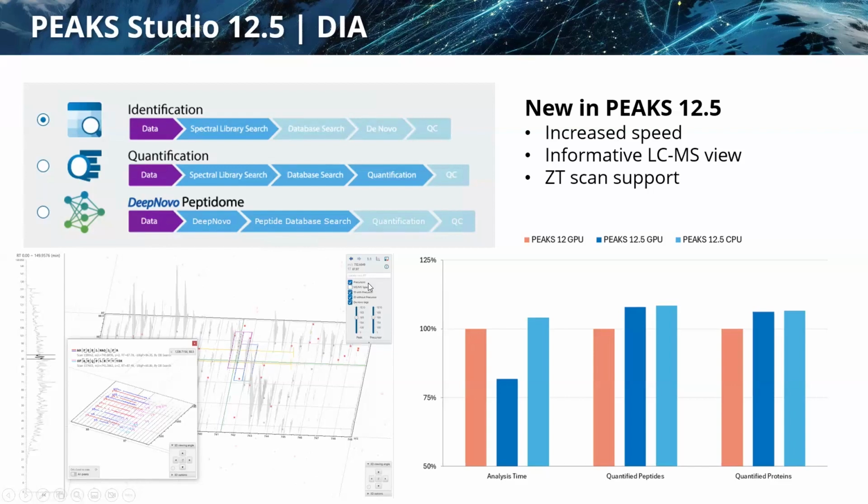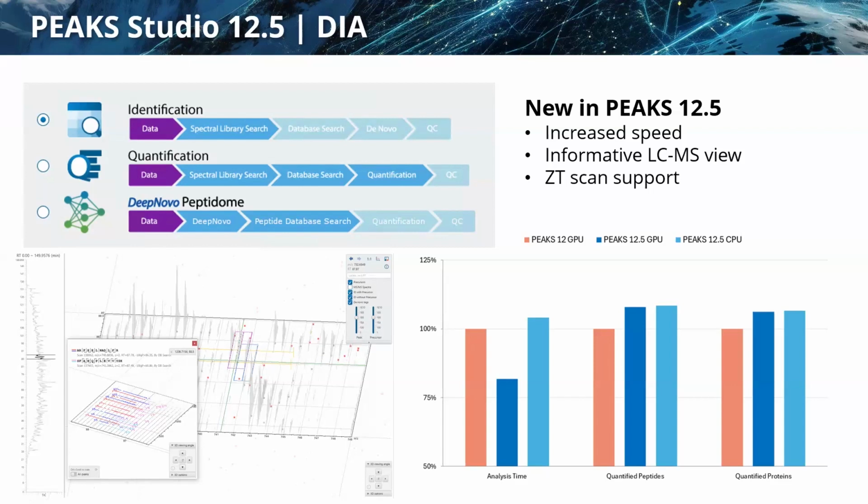Precursors is really the same thing as features, just for DIA. Your MS/MS spectra, your IDs with and without precursors. So if you get an identification with no feature, you can differentiate between those two. And also de novo tags, and these are all color-coded, so you'll be able to see it easier.